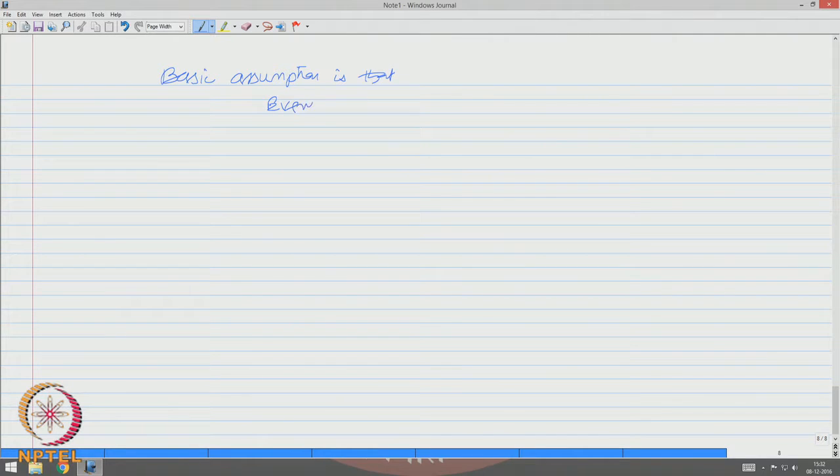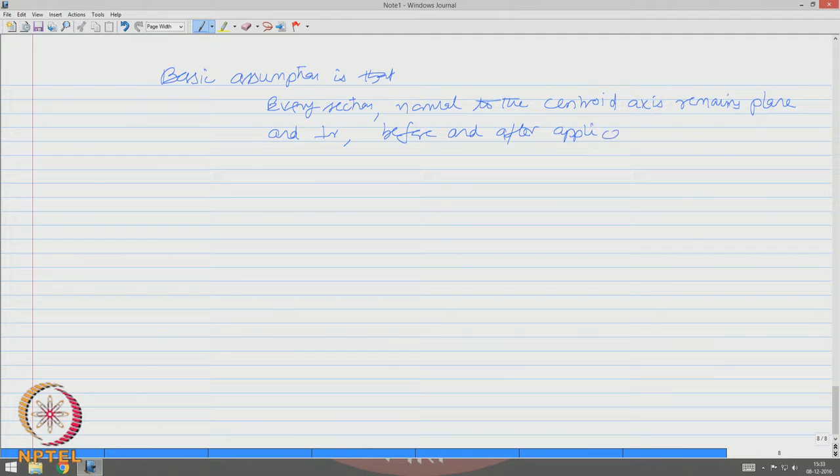Every section normal to the centroidal axis remains plane and perpendicular before and after application of moment M, which implies that total compressive force should be equal to the total tensile force.